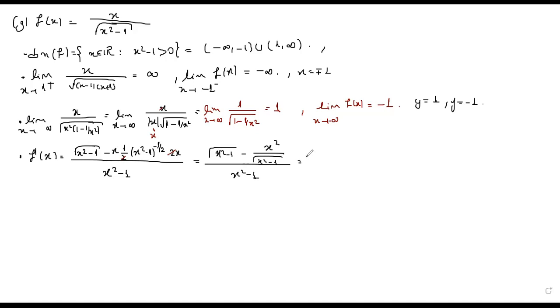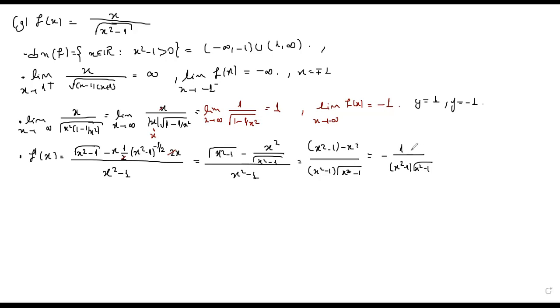Okay, so if you simplify them again or make the basic operations, you will get at the end, let's write it, x squared minus 1 minus x squared over x squared minus 1 times square root of x squared minus 1. So here you have minus 1, and in the denominator we have the same thing.